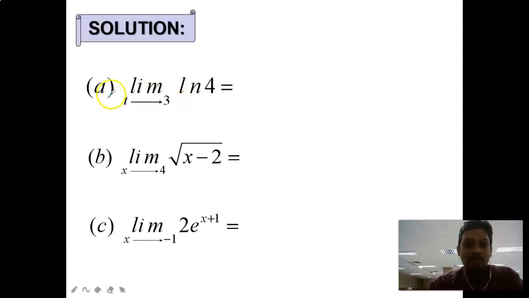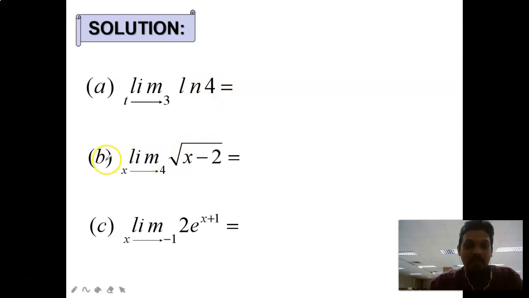The first example, a: the limit of the function ln 4 as t approaches 3. In this question, there is no variable or unknown of t.